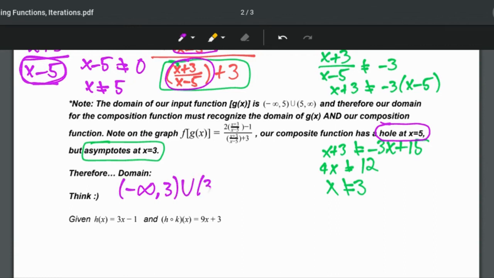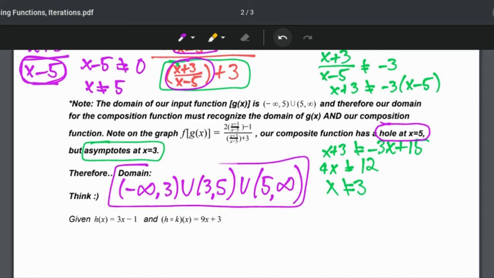But then we could go from 3 to 5, and then we can have any number from 5 to positive infinity. So we are skipping 3 and 5, but any other value would be okay. So here's our final answer for our domain.